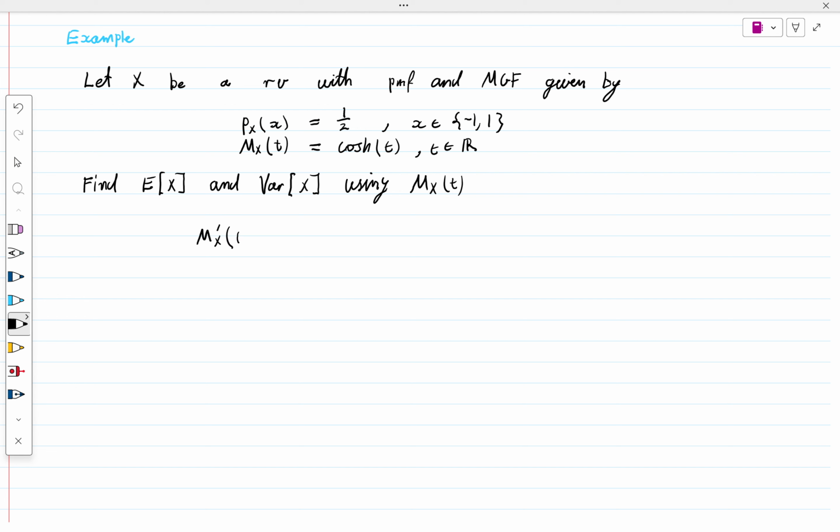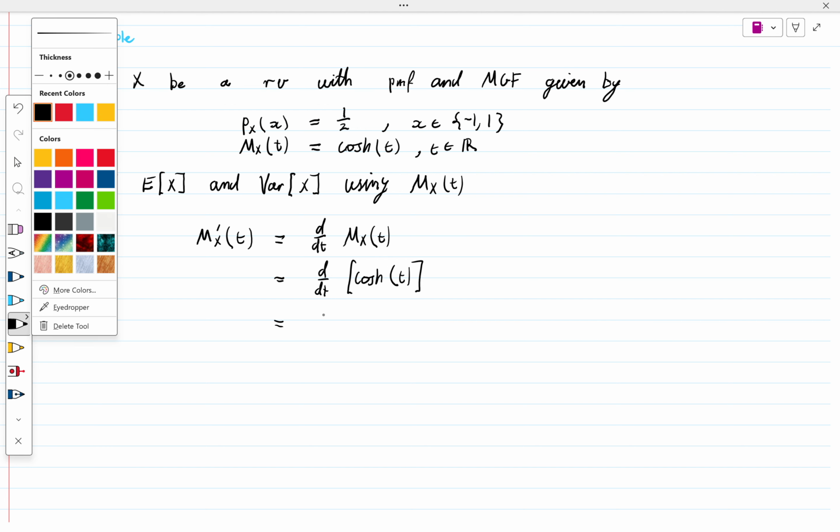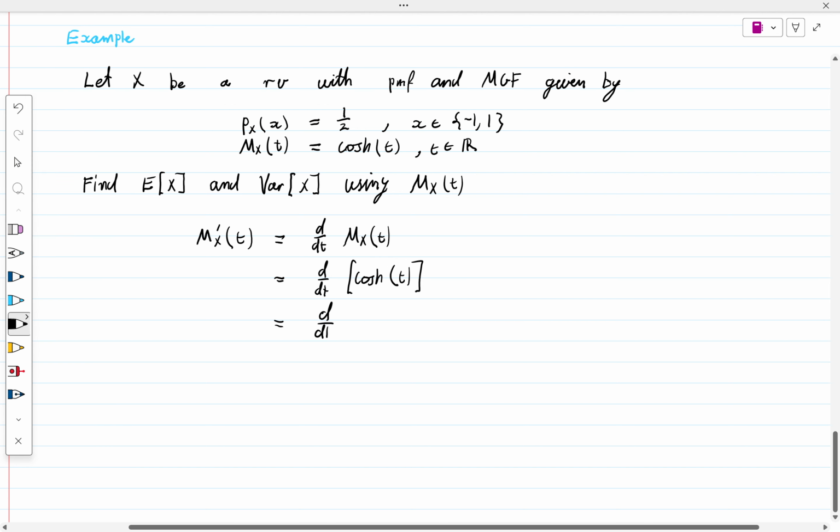So M prime of t. Let's find that first. That is the derivative of the moment generating function by definition. That is, of course, the derivative of cosh of t. Now, for those who don't know their cosh derivatives off by heart, we can actually use the definition of cosh first to evaluate it.